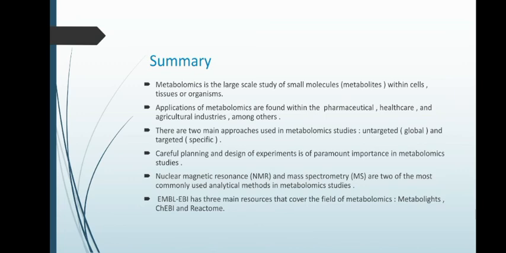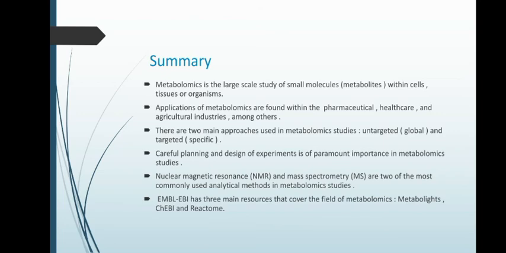This whole topic can be summarized as follows. Metabolomics is the large-scale study of small molecules within cells, tissues, or organisms. There are two main approaches used in metabolomics studies: untargeted and targeted.